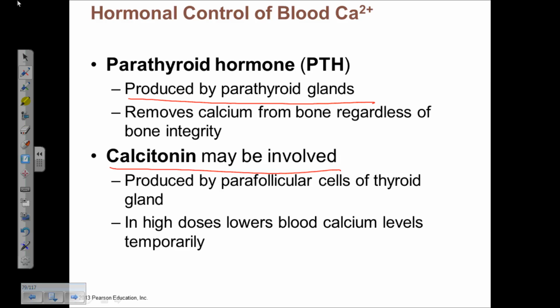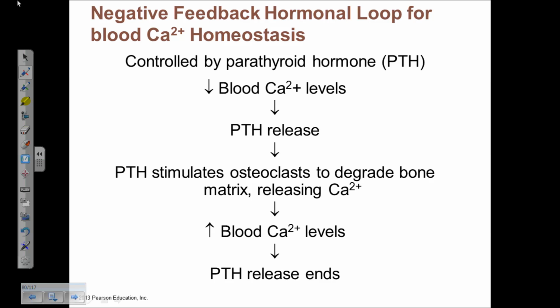Parathyroid hormone will remove calcium from the bone regardless of bone integrity, no matter how good your bones are. If you are fracturing in every bone, it doesn't matter. If you need calcium, parathyroid hormone will stimulate osteoclasts. So what exactly happens? We'll go through that slide and that's it. I'll let you go.